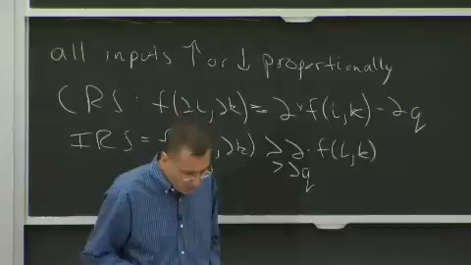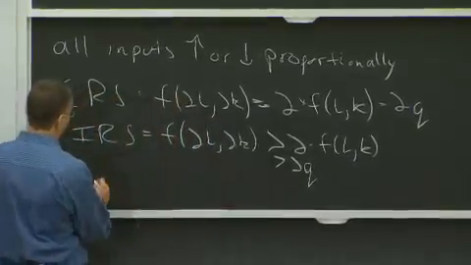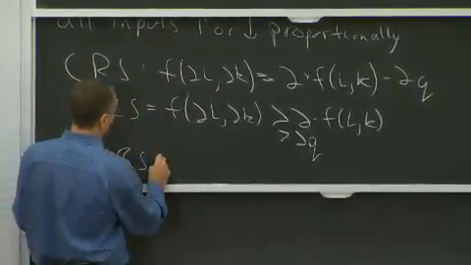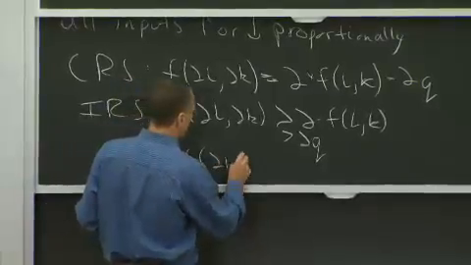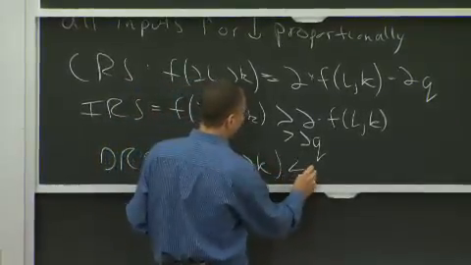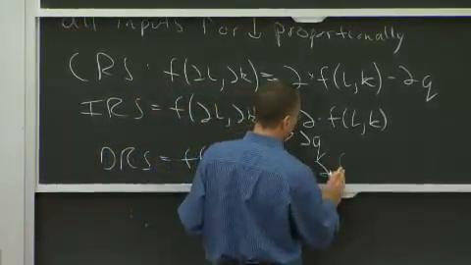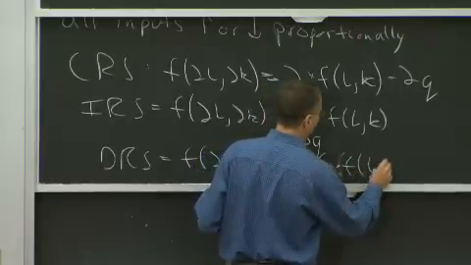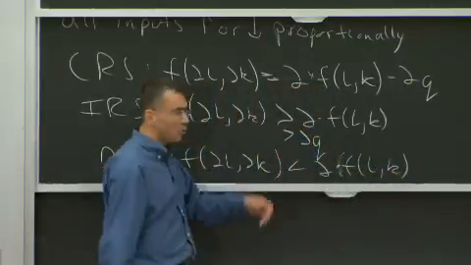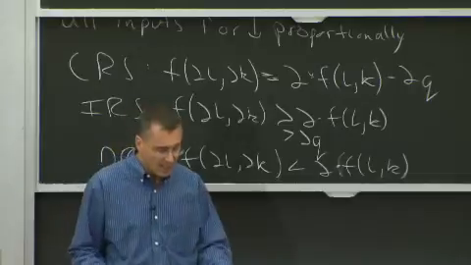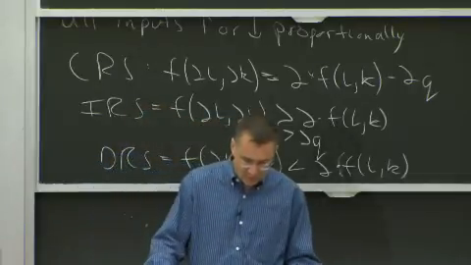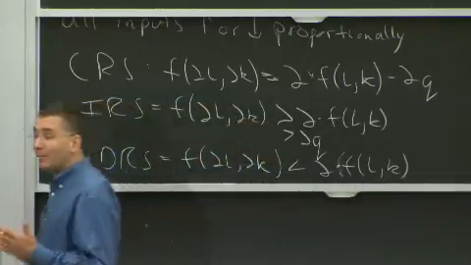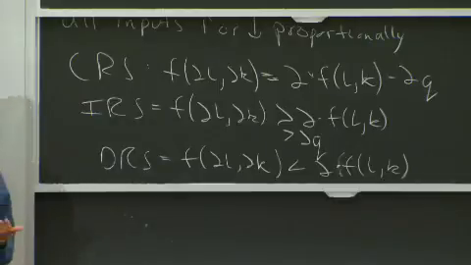On the other hand, we can also have decreasing returns to scale, which, not surprisingly, means that f of 2L, 2K is less than 2 times f of L, K, or less than 2Q. That would be decreasing returns to scale, which is when I double my firm, I get less than twice as much stuff.